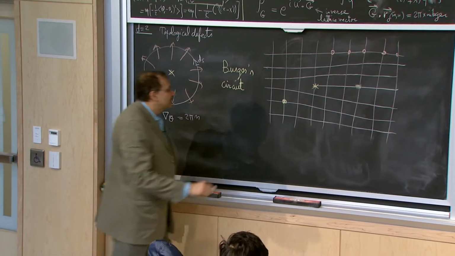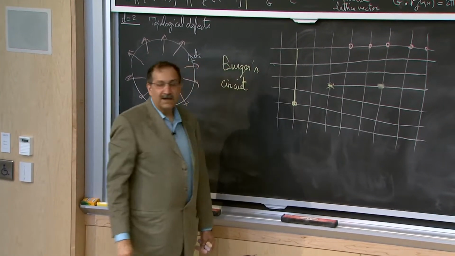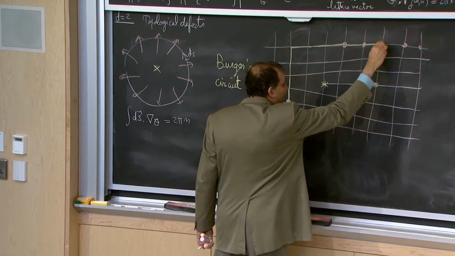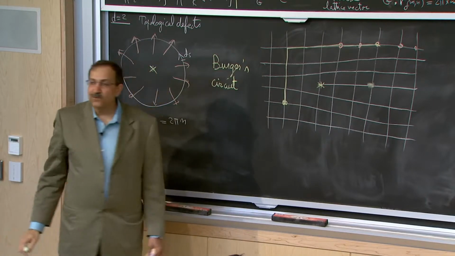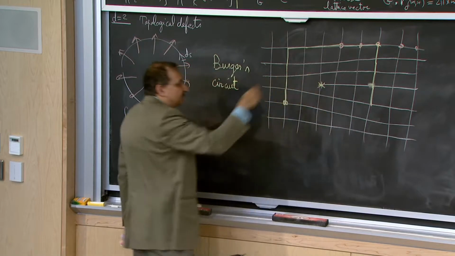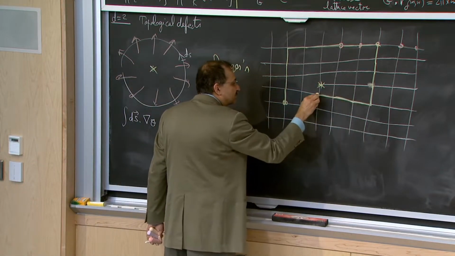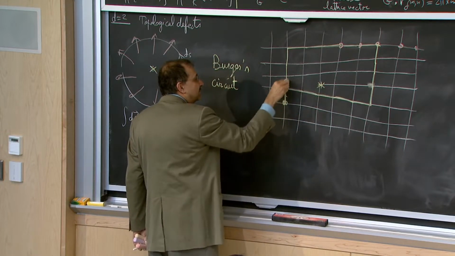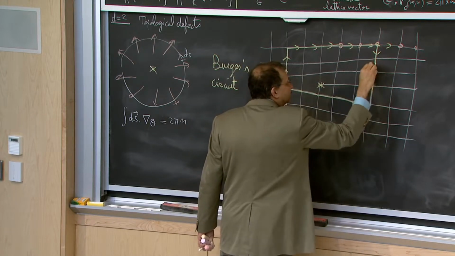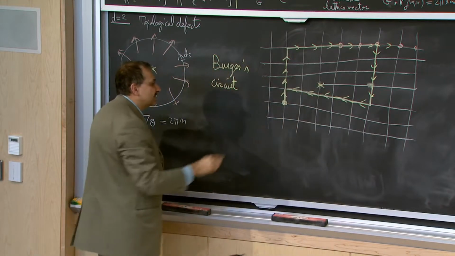Let's say I take 4 steps up, 1, 2, 3, 4. I take 5 steps to the right, 1, 2, 3, 4, 5. I reverse my 4 steps, so I go 4 steps down, 1, 2, 3, 4. I reverse my 5 steps, and I go 5 steps left, 1, 2, 3, 4, 5. And you see that I did not end up where I was. I ended up here.